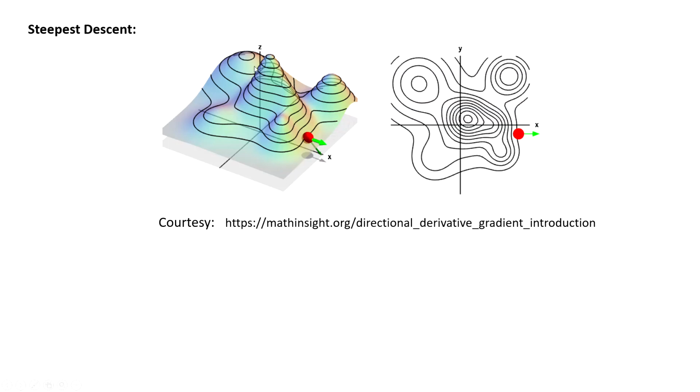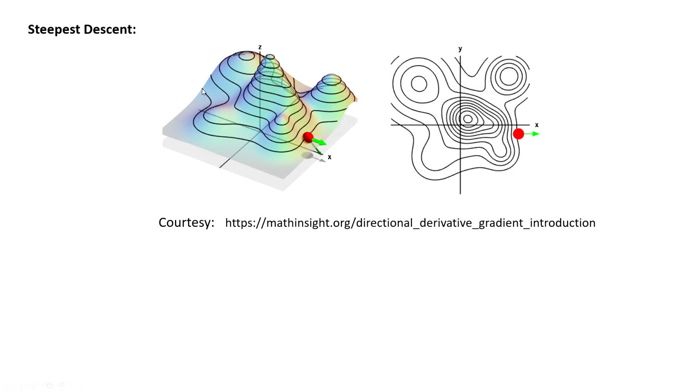As you can see in this map of a hill, let's assume that this is some kind of a hill. Now, notice, what are all these curves? These are the level curves, right? What do I mean by a level curve?